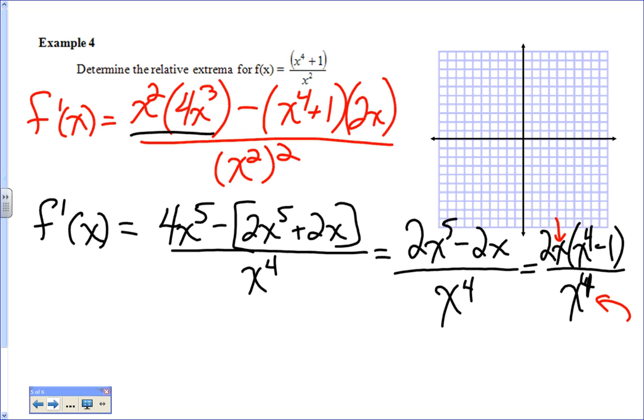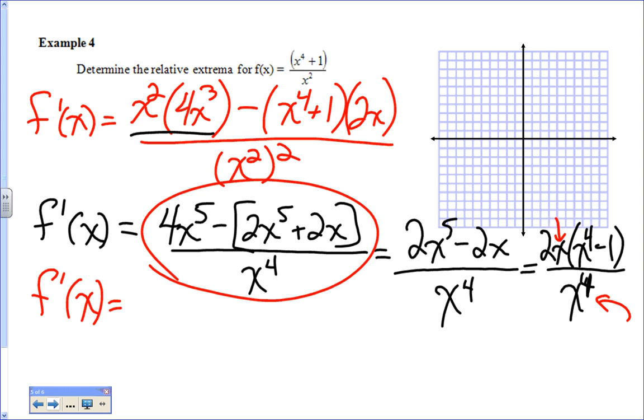So in other words, the cleanest version that we can come up with, and realize you don't always have to get the cleanest version if you know that's really not what's being asked of you, and it's not. I'm asking for extrema here. So I could have used this version right here of the derivative if I felt like it. But we're just going to clean it up a little bit. If we do, what do we got? 2 times x to the 4th minus 1, over x to the 3rd, right? That's our clean version of our derivative.